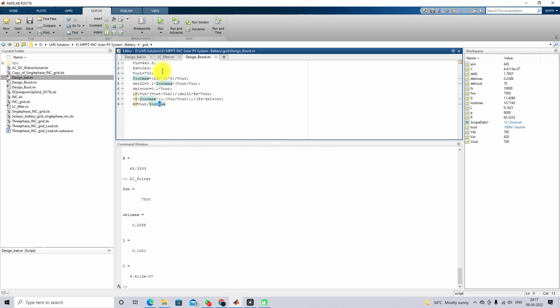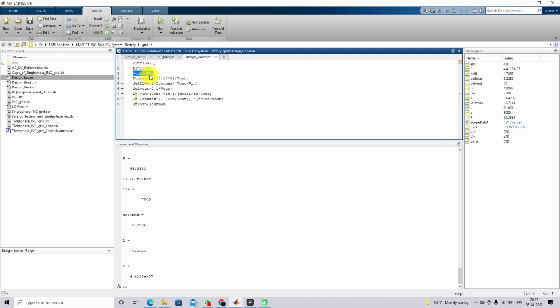In the equation you have to provide the PV panel voltage, which here is 460.5, and then we need to provide the switching frequency. Switching frequency here we are going to consider 10 kilohertz, and the output voltage or DC bus voltage.